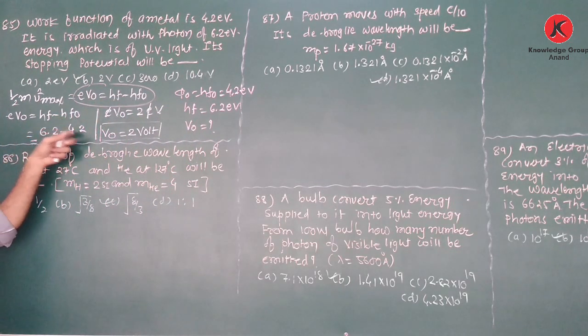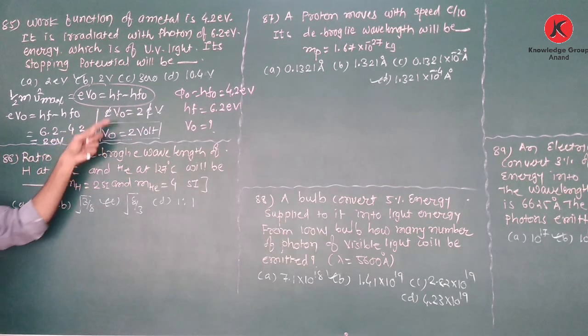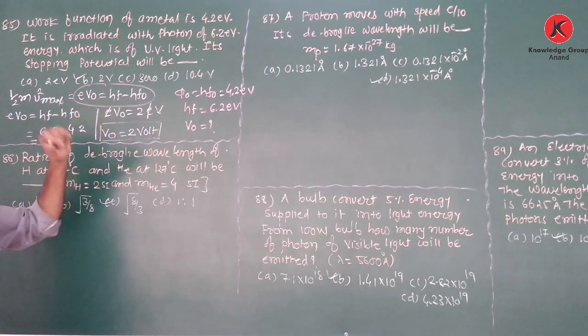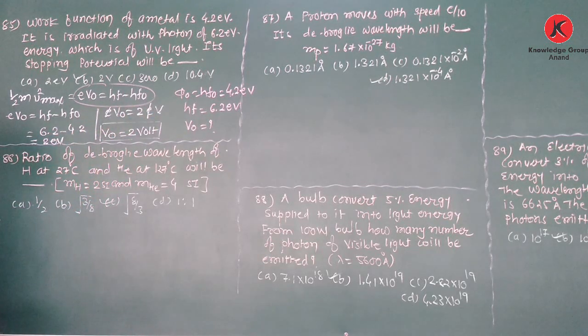Therefore, 6.2 minus 4.2, that is 2. Therefore, we obtain eV0 is equal to 2 electron volt. e cancels, therefore V0 is equal to 2 volt. Therefore, the value of stopping potential is 2 volt.